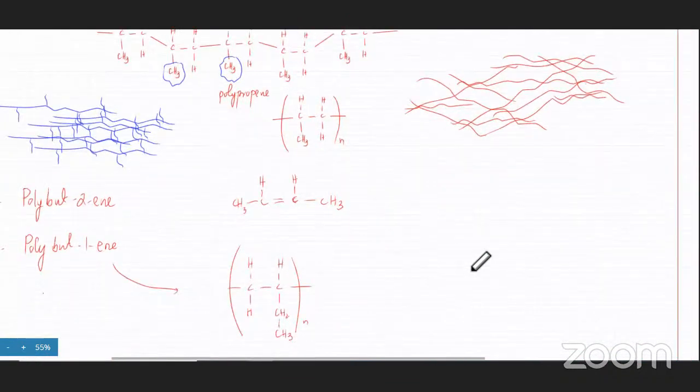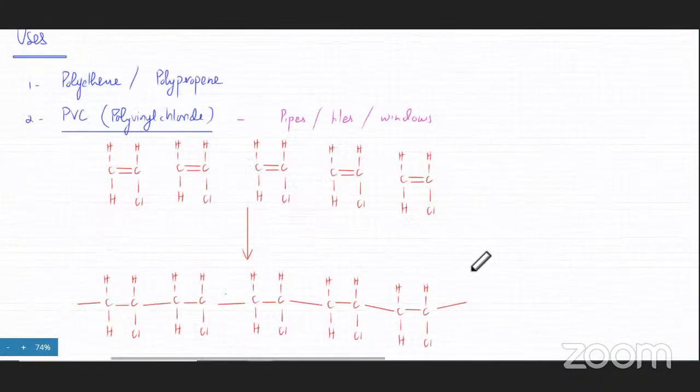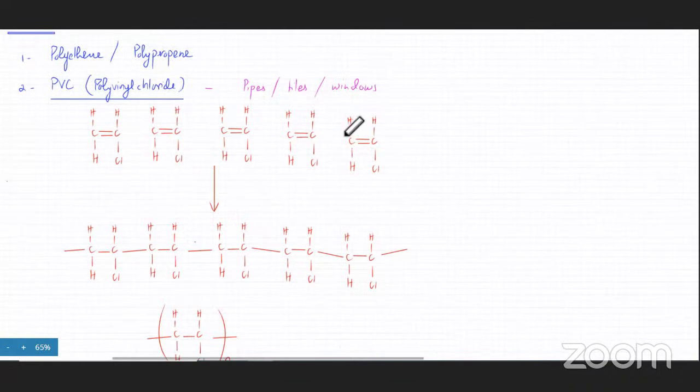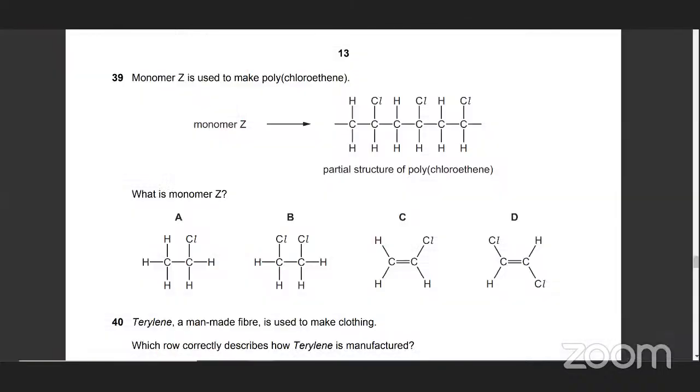ठीक है, तो ये सारे आपके इसमें one of them is PVC, which is used in pipes, tiles, windows. तो PVC में this is the monomer. So the question is, what is the monomer? What you're going to do is you're going to take out the repeat unit. कि जी ये चीज जो है ना वो बार बार repeat हो रही है.